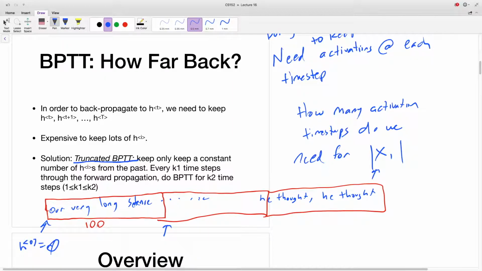So here, what would we like to feed in at step 101? We'd like to feed in our hidden state from step 100, which we just did. We just did this batch. We save that information, we throw away all the others, and then we start fresh from here. Keep saving each of these activations till we get to the end. Backpropagate a fixed amount, what we might call a truncated amount.